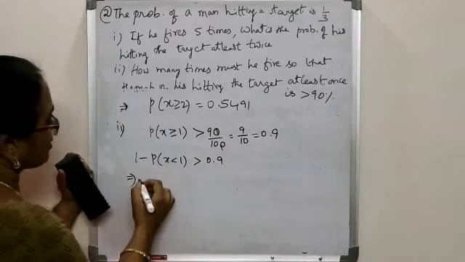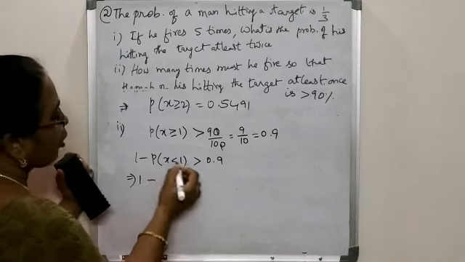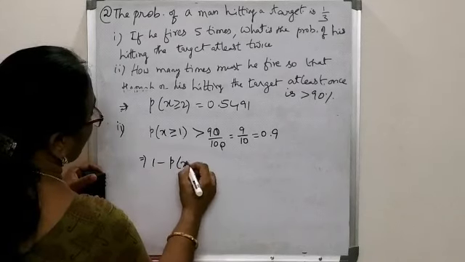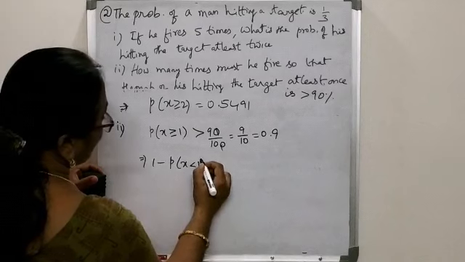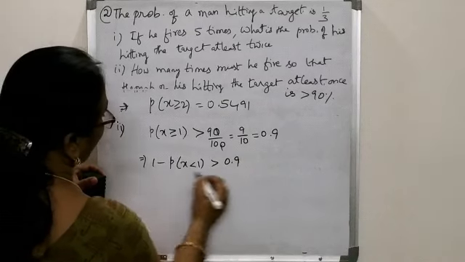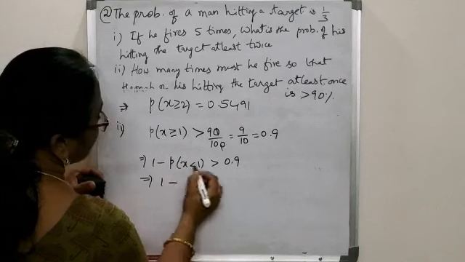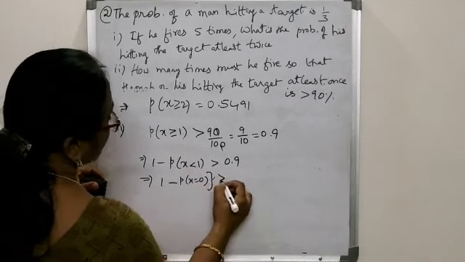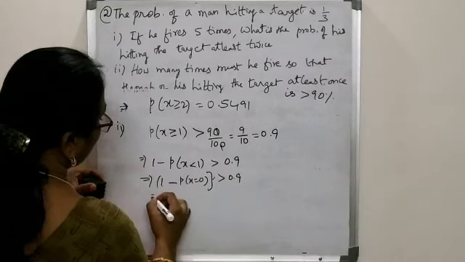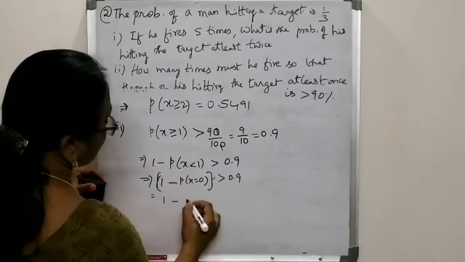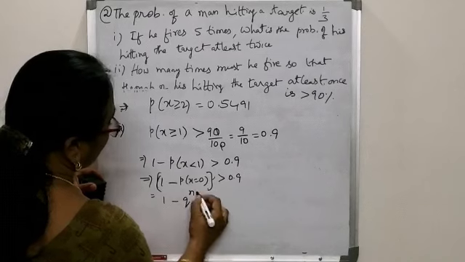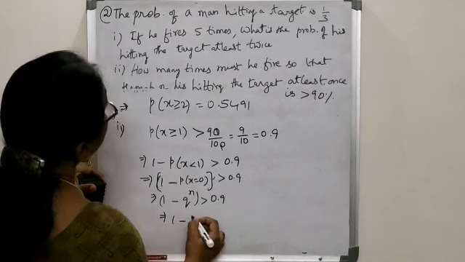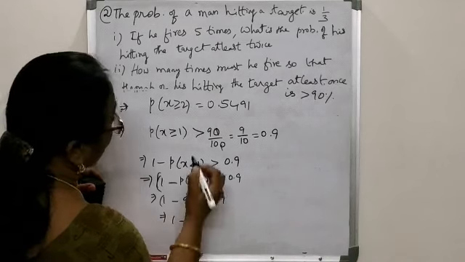So when we simplify this, it is 1 minus P of x less than 1 greater than 0.9. P of x less than 1 is P of x equal to 0. And we have 1 minus P of x equal to 0 is 1 minus q power n. It must be greater than 0.9. So that 1 minus q is equal to 2 by 3.